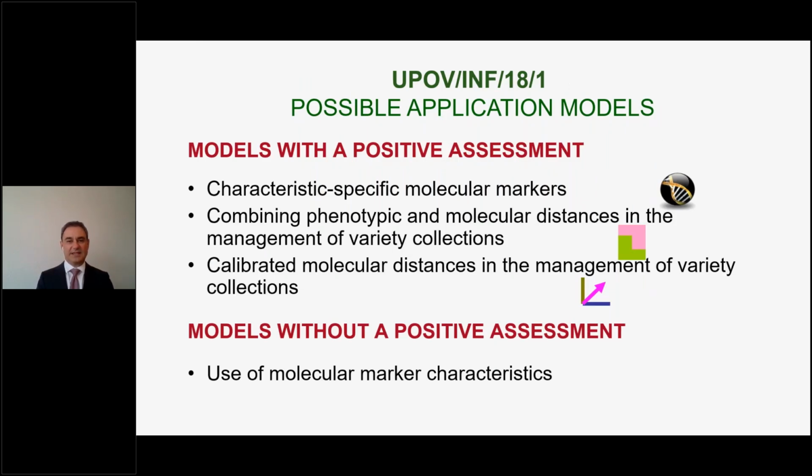In the past decade, UPOV members were considering molecular markers for different applications related to DUS examination. Those were reported and consolidated in document INF 18. After that, a legal analysis was conducted to assess whether those uses of molecular markers were in fact compatible with the UPOV Convention.